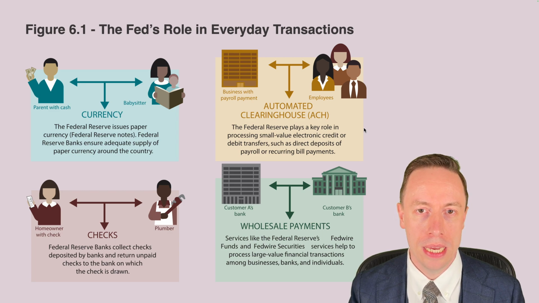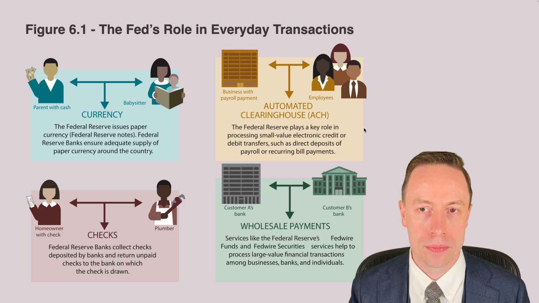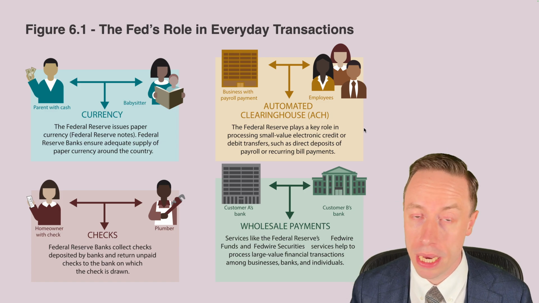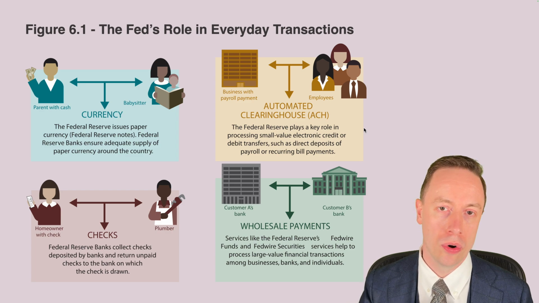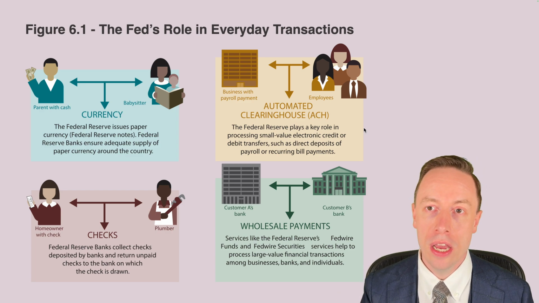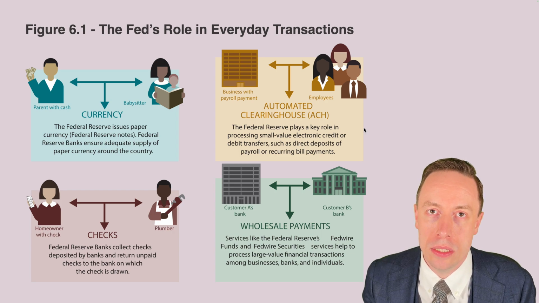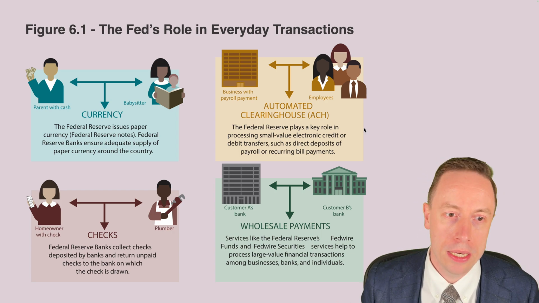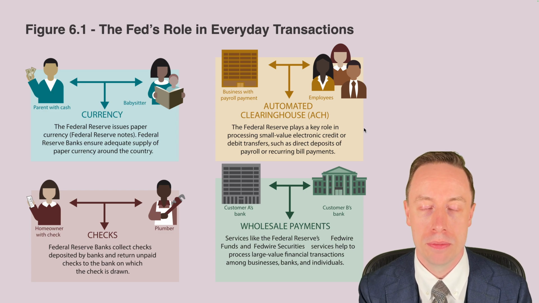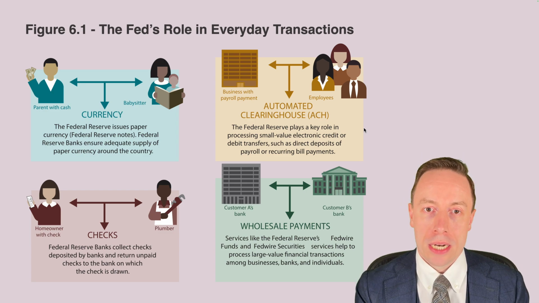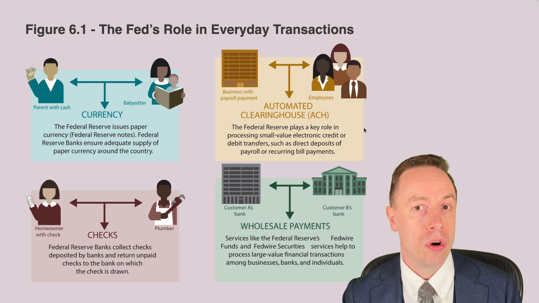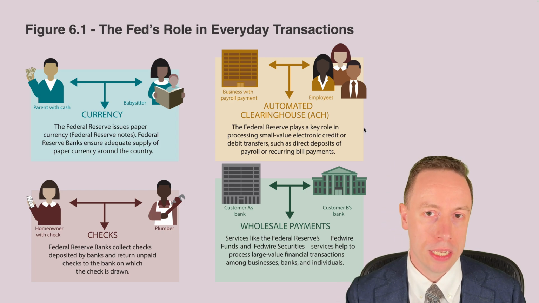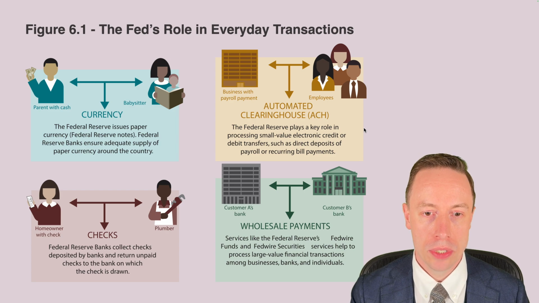So for example, if you use a bill pay mechanism, or like a draft to pay your utility bill or your rent, something like that. If your employer directly puts your paycheck into your bank account and it's not actually a physical paycheck, that's probably conducted through an automated clearinghouse. And it's not just the Fed who does it. The Fed operates a really big one. There's also a private one in the United States. So there's actually a bit of a choice in these automated clearinghouses.